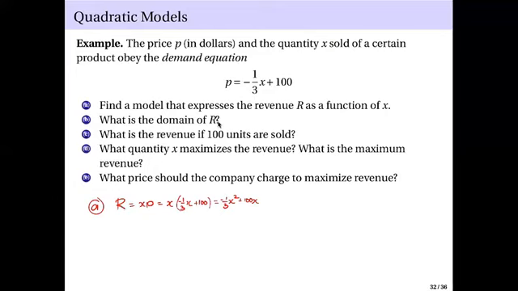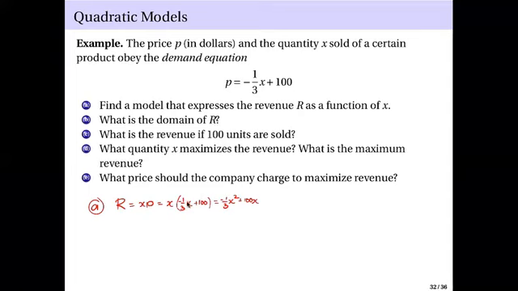Now, what is the domain of R? Well, technically, you can have only positive or equal to 0 for the domain of R. Revenue equals 0 if no units are sold.